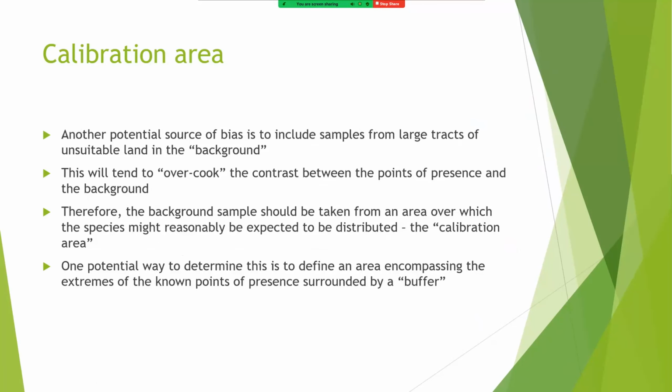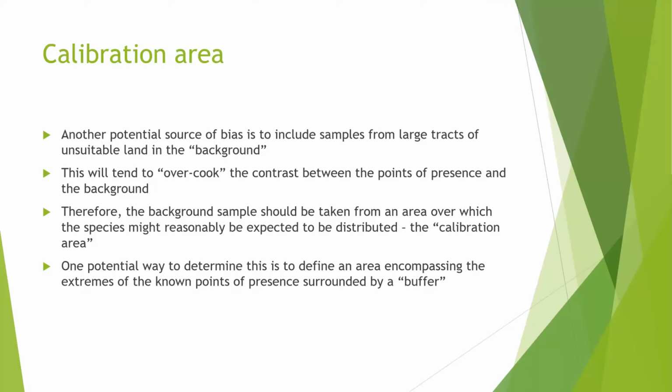Another potential source of bias is including samples from large parts of the countryside where the species doesn't occur, because again, that'll tend to overcook the contrast between the points of presence and the background. So really, you want to take the background sample from the area over which the species might be expected to be distributed, and not sample background points from areas that are completely unsuitable for the species.